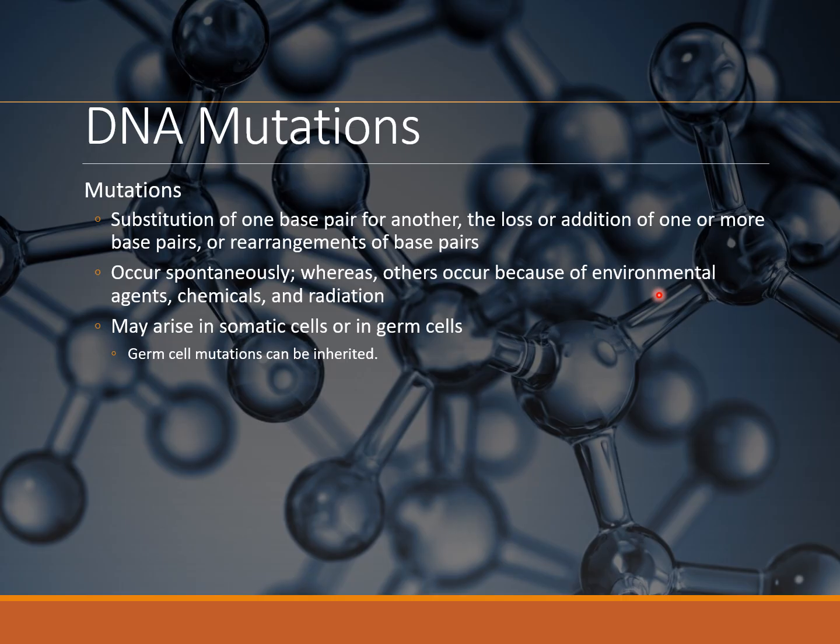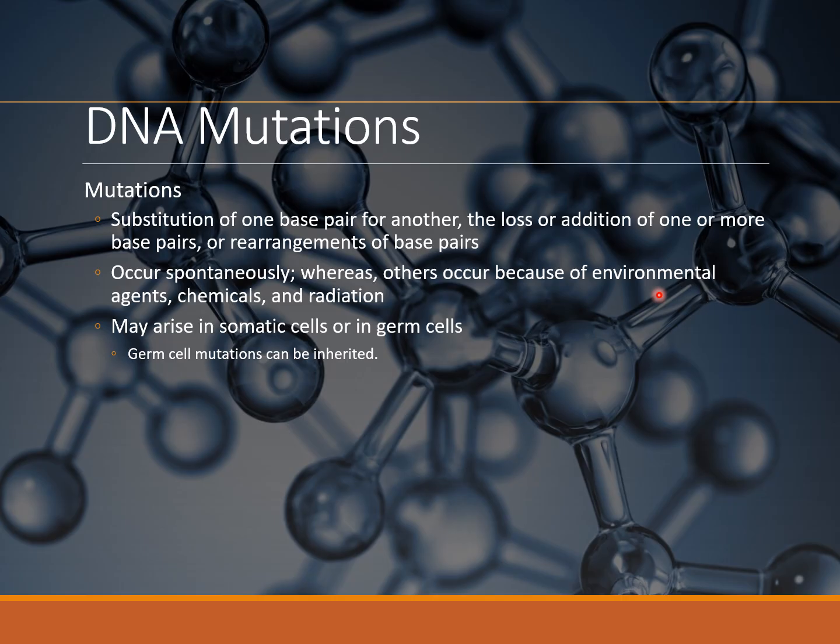And you can see mutations in both somatic cells and in germ cells. So, we get mutations in our somatic cells all the time, and those can cause problems within our own individual body, right? Over time, those genetic mutations can lead to things like disease, cancer formation, whatever it may be.